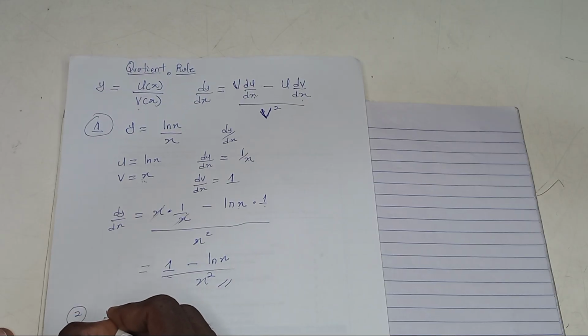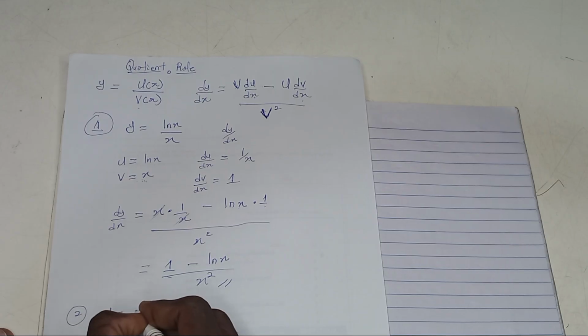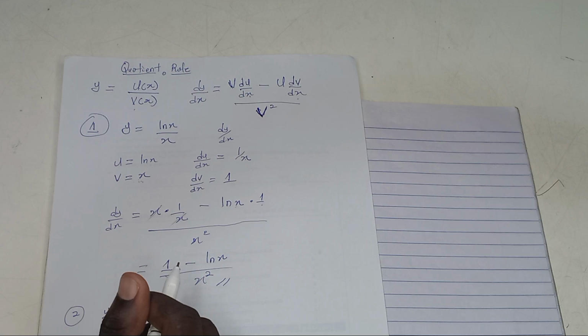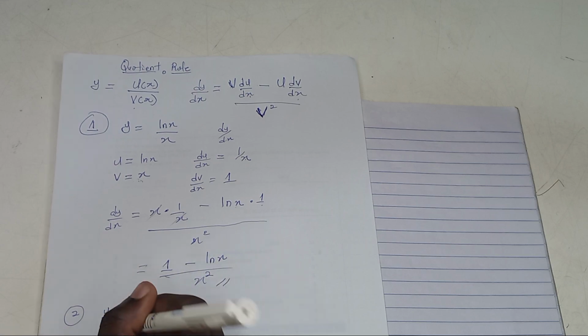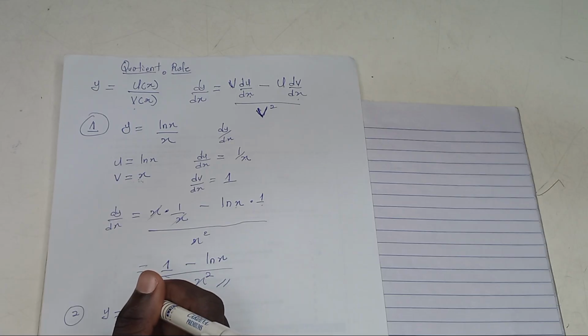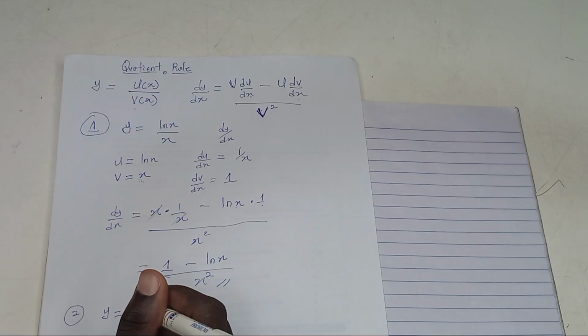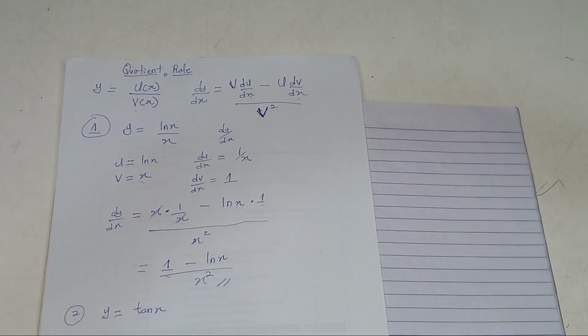Next, example 2: y is equal to tan x. Recall that when I was differentiating tan x in the product rule video, I mentioned that the differentiation of tan x is sec squared x.